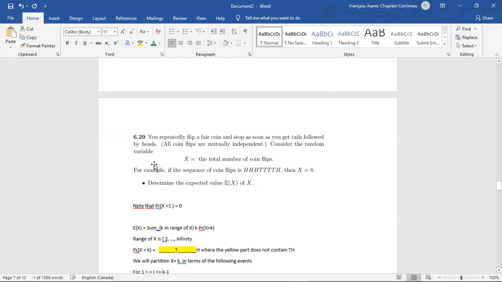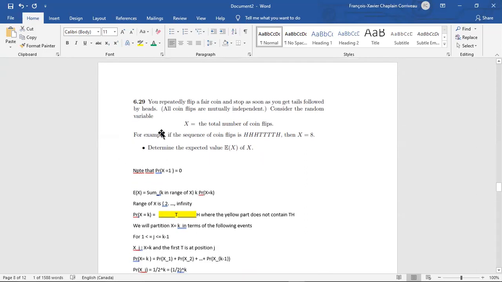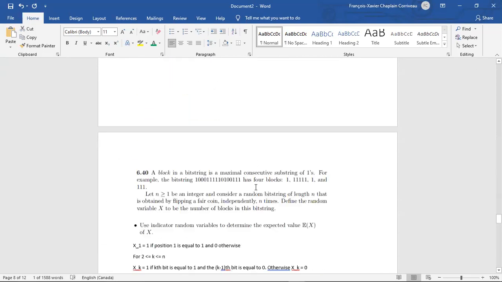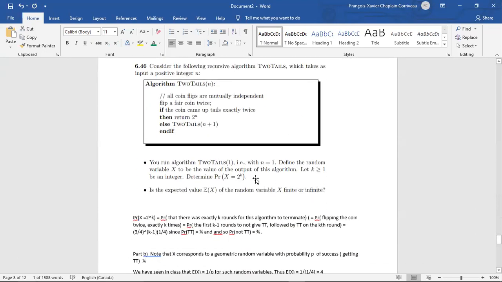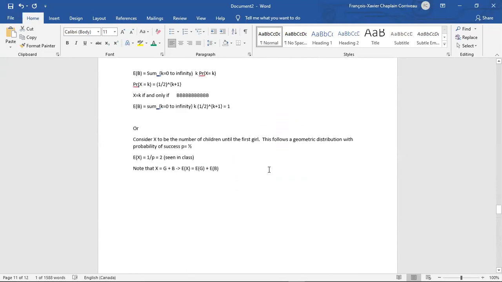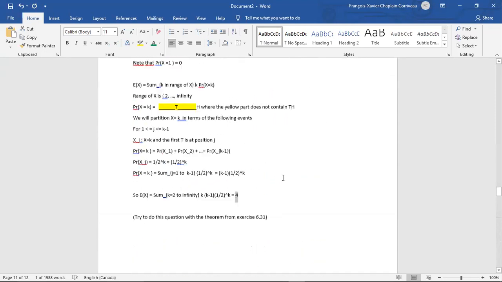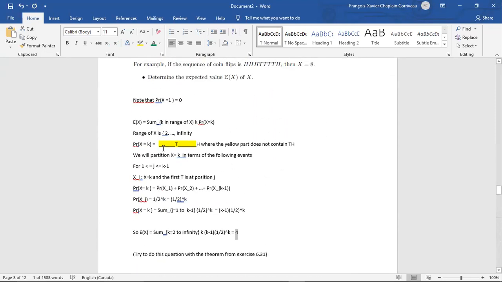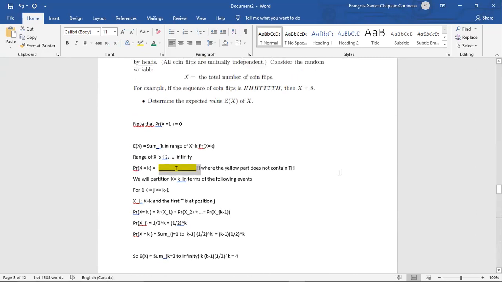It's a funny thing, but sometimes looking at algorithms makes questions a lot easier. Right here, we had to think about, well, if we make one flip, we cannot succeed. And then we thought about this whole partitioning thing.